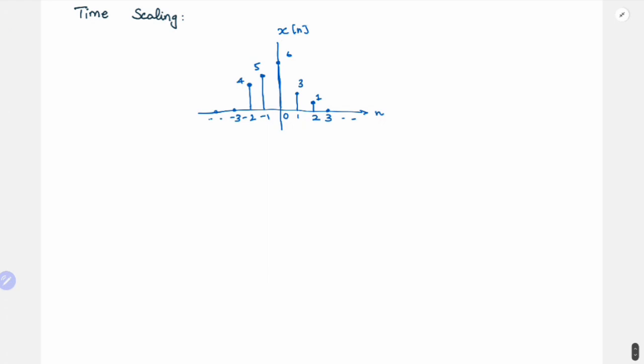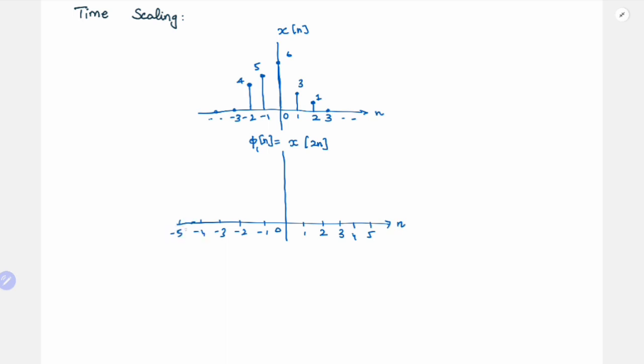Suppose I want to scale this by 2 times. So x of 2n. How will this look? Let me call it phi 1 of n. Okay, so my n is here: 0, 1, 2, 3, 4, 5, minus 1, minus 2, minus 3, minus 4, minus 5. And this is my phi 1 of n.